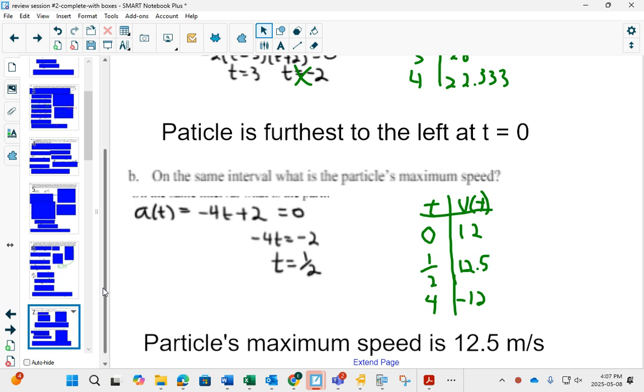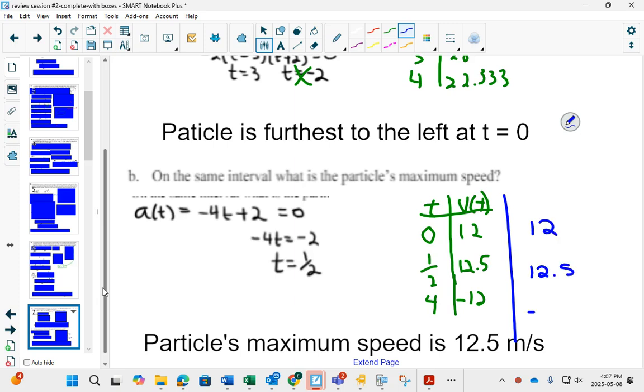Where would we have to be careful in a question like this? With the speed, be careful. I've seen this on old IB questions. I'm just going to make up numbers. Let's say I was doing a different question and I got 12, 12.5, and negative 14.